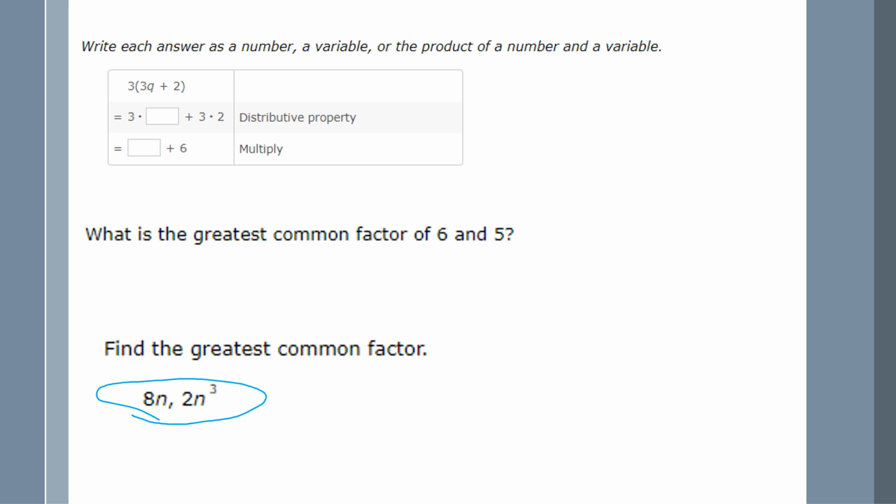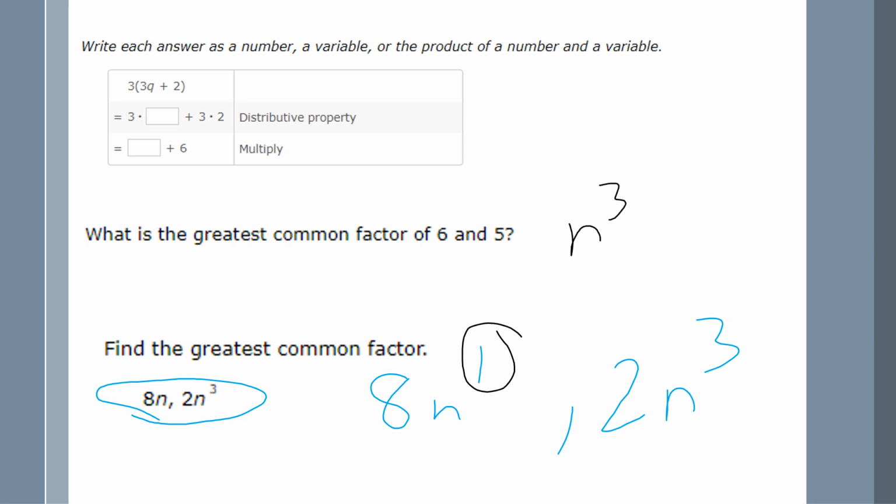So you have 8n to the first and 2n to the power of 3. What number of exponents do they both have in common? Well, they both have an exponent of 1. So you could write n^3 to be n times n squared. So I want you to think about that. All right, you can do the rest.